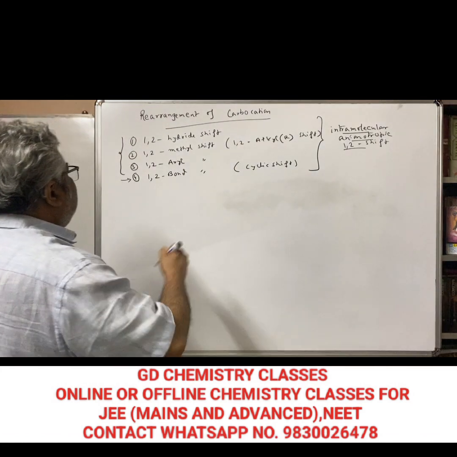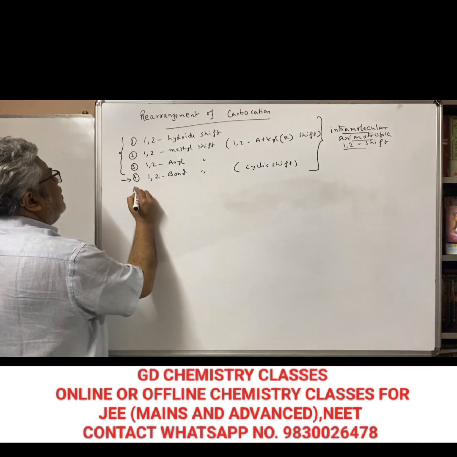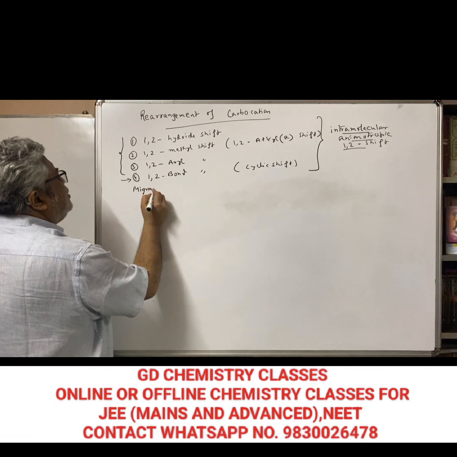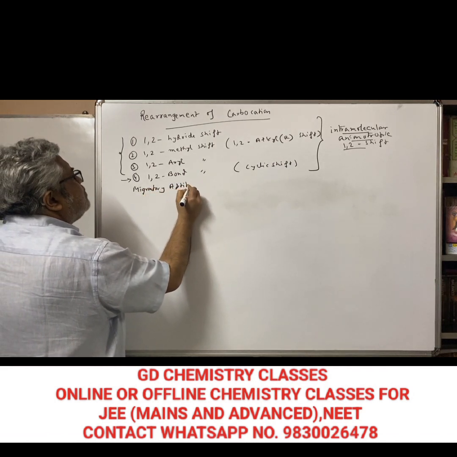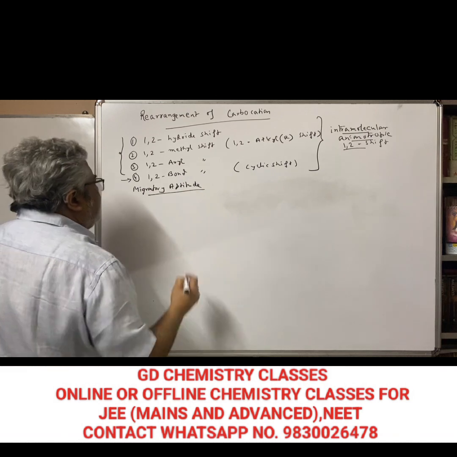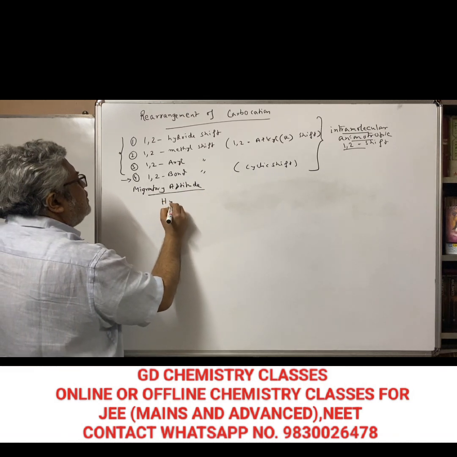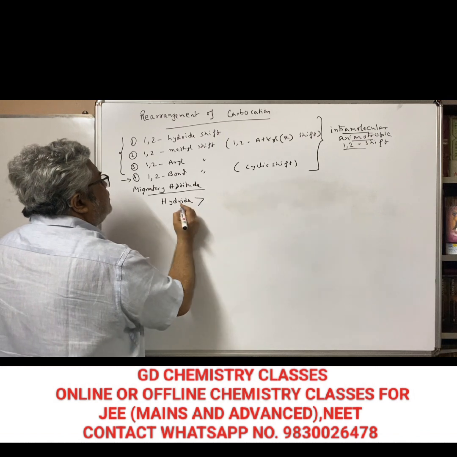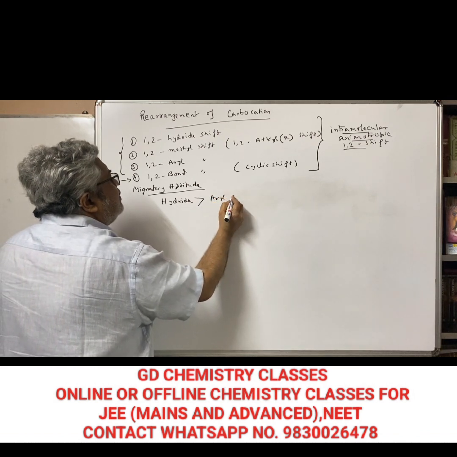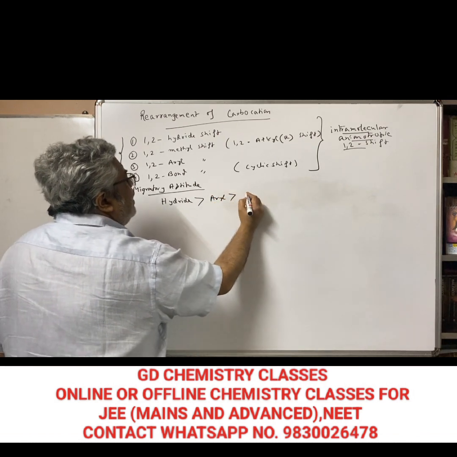But normally, you can simply remember, the migratory aptitude decreases like this: for carbocation, hydride is greater than aryl, which is greater than alkyl.